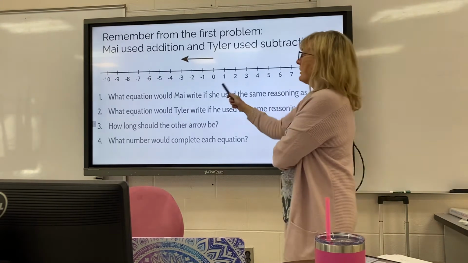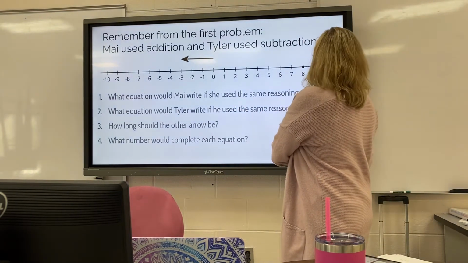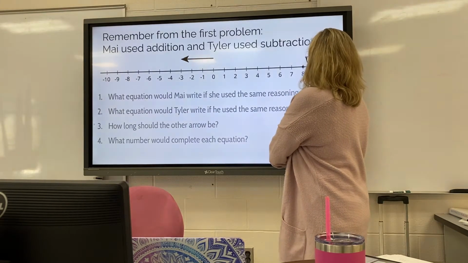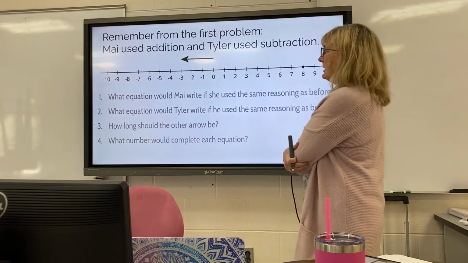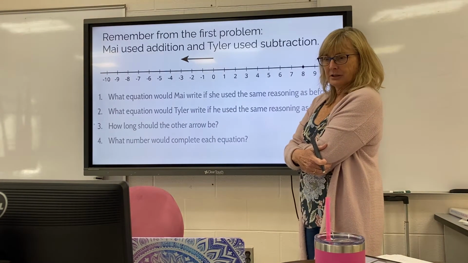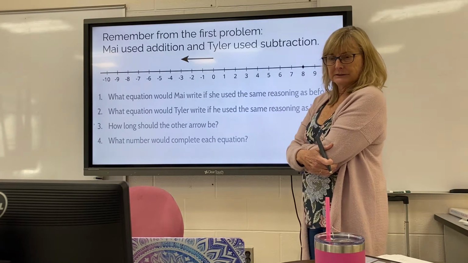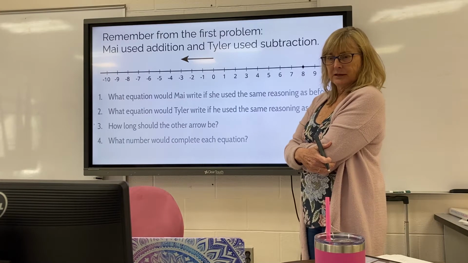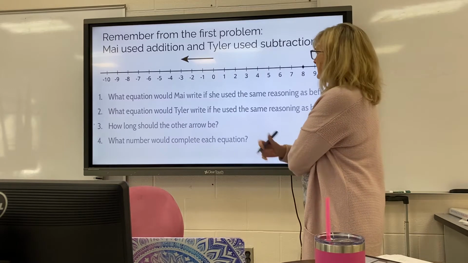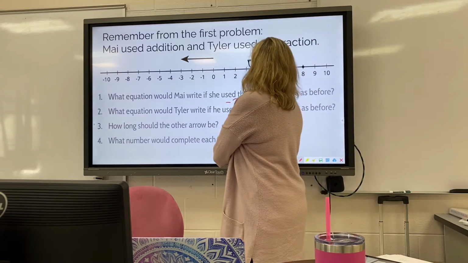Okay, what equation would Mai write using the same reasoning she used before, making an addition equation? So what could Mai's equation be using addition? What do you think? Kimberly? I think maybe -3 plus question mark equals 8.